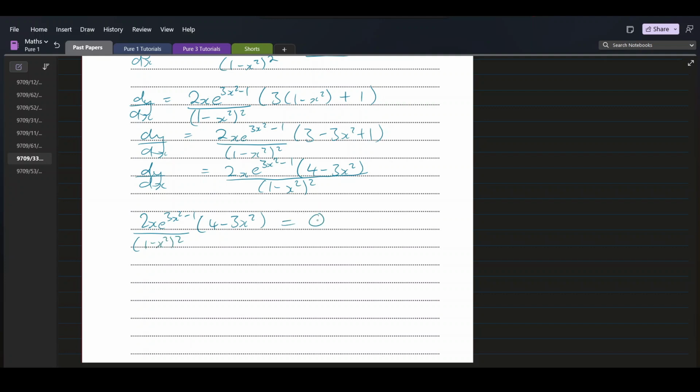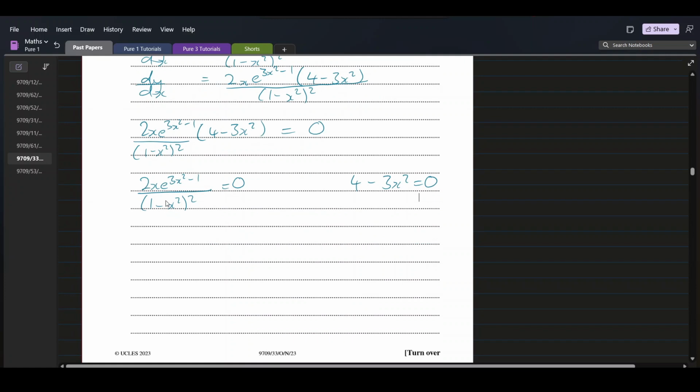This is equal to 0. Let's equate the first bit to 0, so 2x e^(3x² - 1) over 1 - x² is equal to 0, and then we have 4 - 3x² is equal to 0.